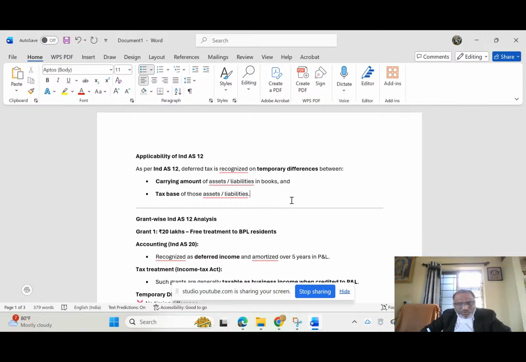As per Ind AS 12, deferred tax is recognized on temporary difference between carrying amount of the asset or liability in the books and tax base of the asset or liability. Ind AS 12 is accounting for taxes. Grant is 20.